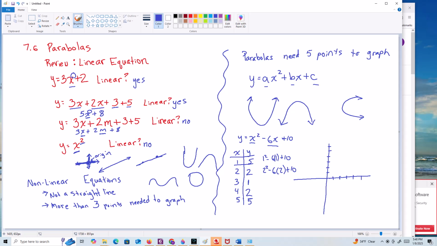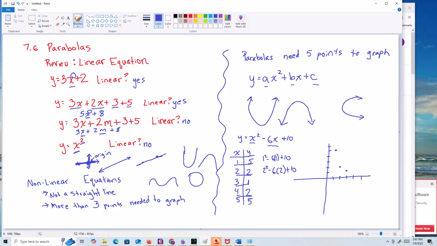So I go over to 1 on the x-axis, and then I go up to 5 on the y. My next ordered pair is 2, 2. So I go over to 2 on the x-axis and up to 2 on the y, and I make my point. My next ordered pair is 3, 1. So I go over to 3 on the x-axis, up to 1 and make my point.